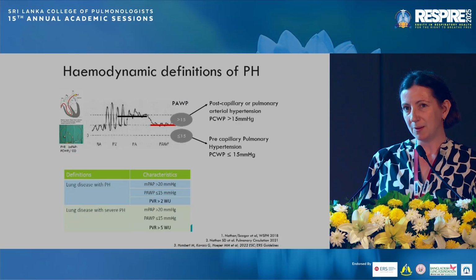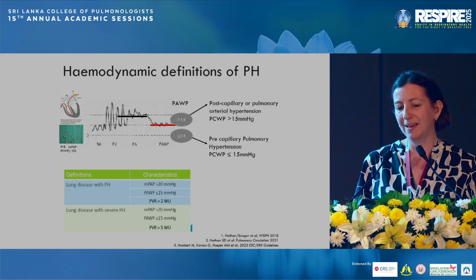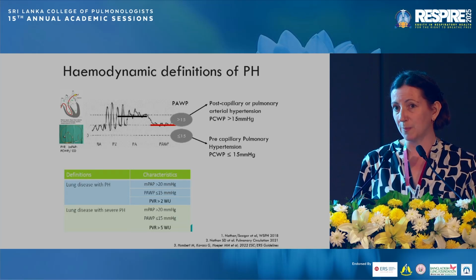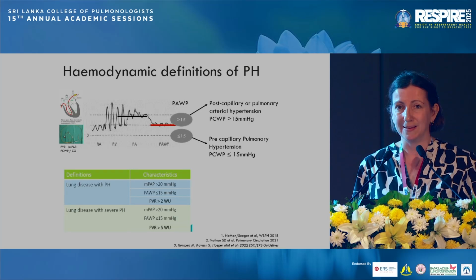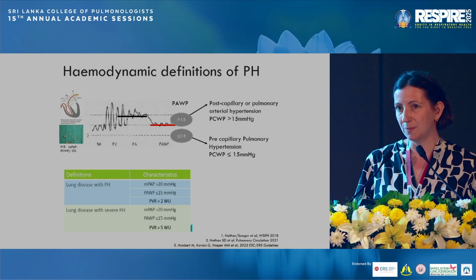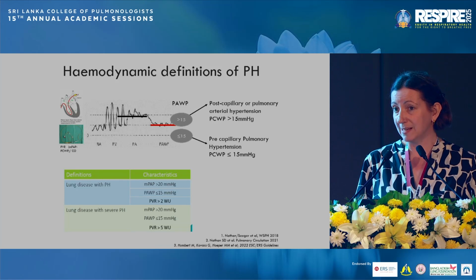So how do we define pulmonary hypertension? It remains a hemodynamic definition, ideally made at invasive assessment by right heart catheterization in countries where this is available, obviously. And we have redefined this according to more available data on the normal ranges. So it used to be a mean pulmonary artery pressure above 25. That's now come down to 20.